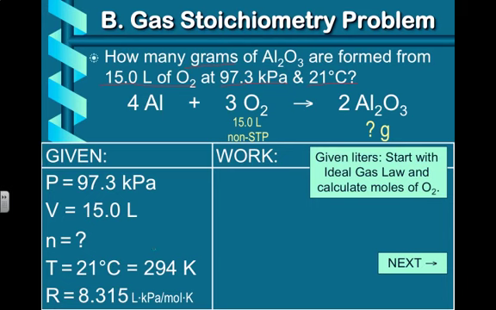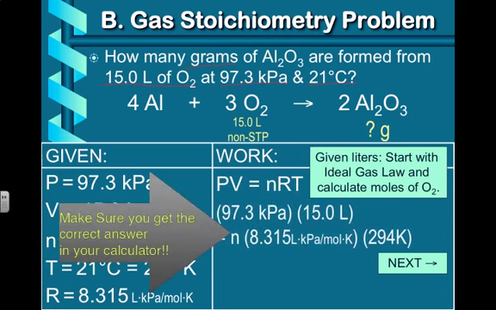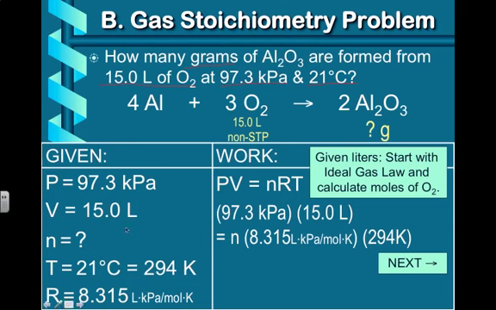All right, now I just plug and chug. This is our equation. I plug everything that I know in and solve for the unknown variable, which in this case is n. After I solve it, I'm going to get 0.597 moles of O2.